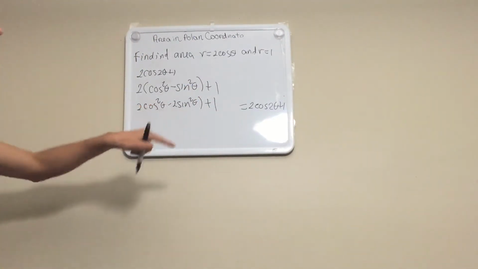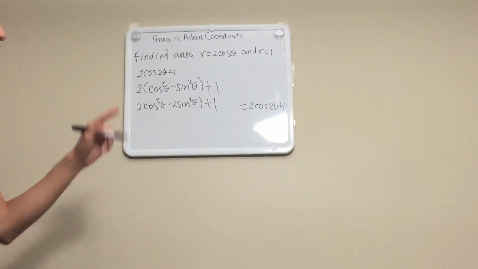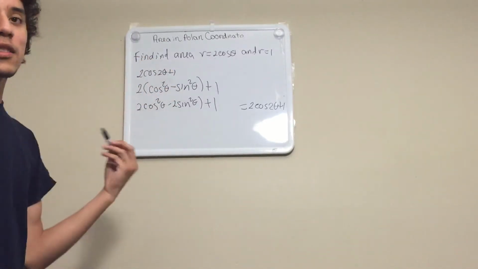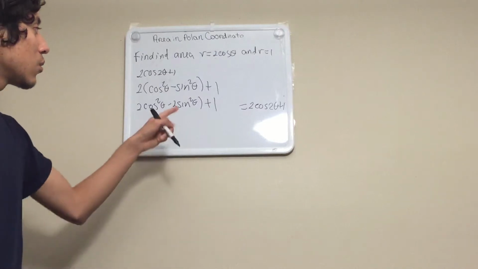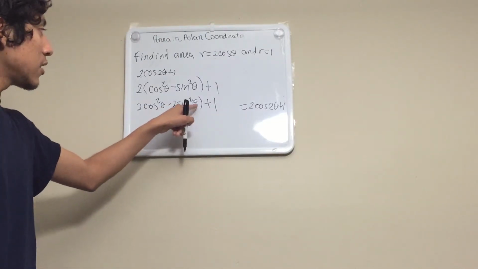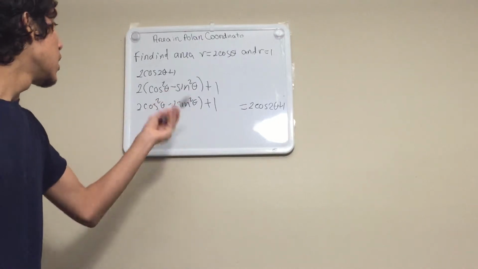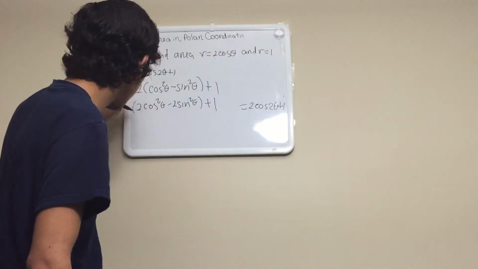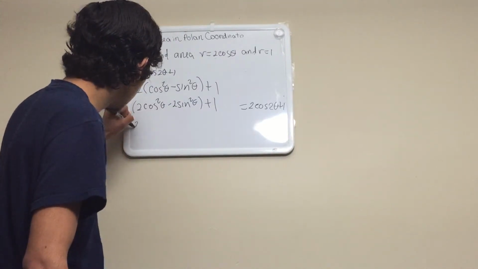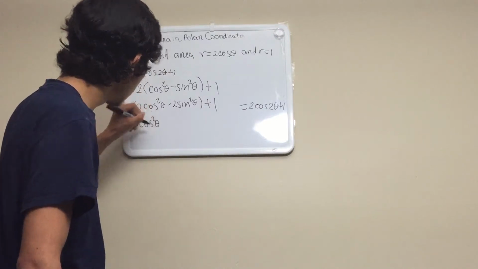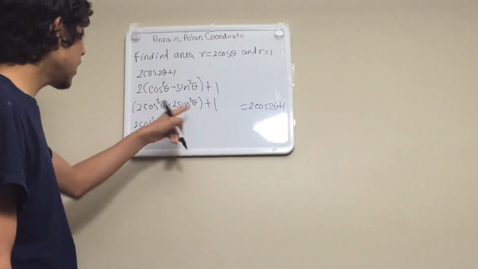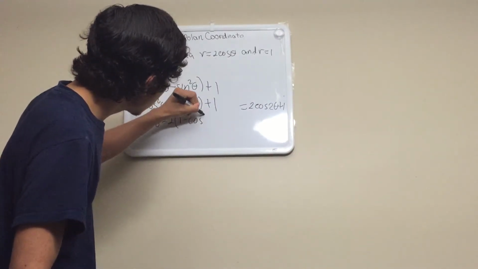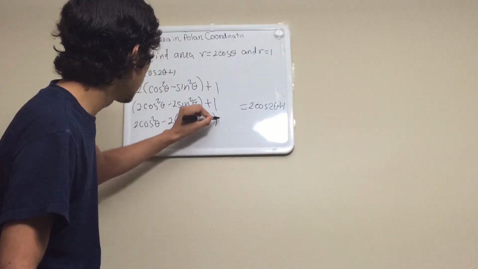Now right here, the sine squared theta, we can change that to 1 minus cosine squared, because we know that sine squared plus cosine squared equals 1. So we're going to have 2 cosine squared theta minus 2 times 1 minus cosine squared theta, plus 1.